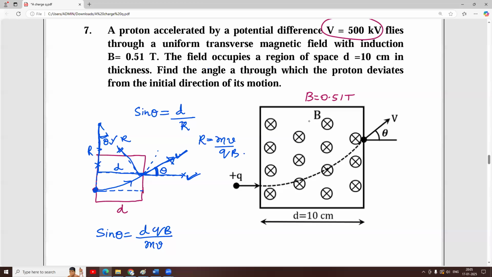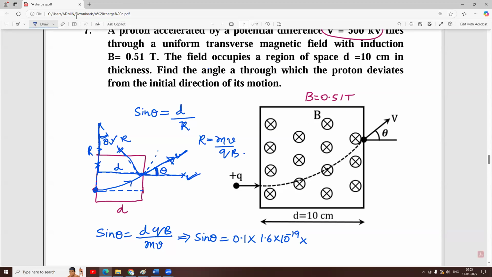Because everything is given, sine theta is equal to distance 10 centimeters, that is 0.1, into q. It is a proton, so 1.6 into 10 to the power minus 19. And the magnetic field. It is accelerated through a potential difference, so we have to remove velocity also.